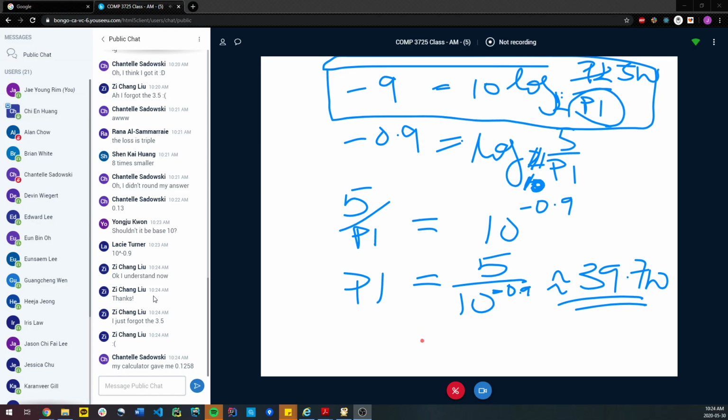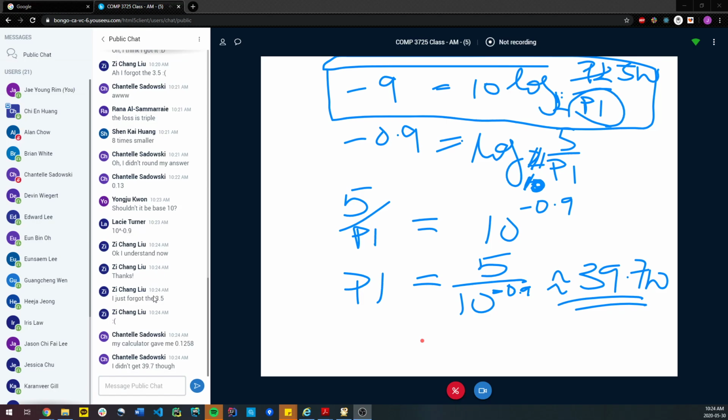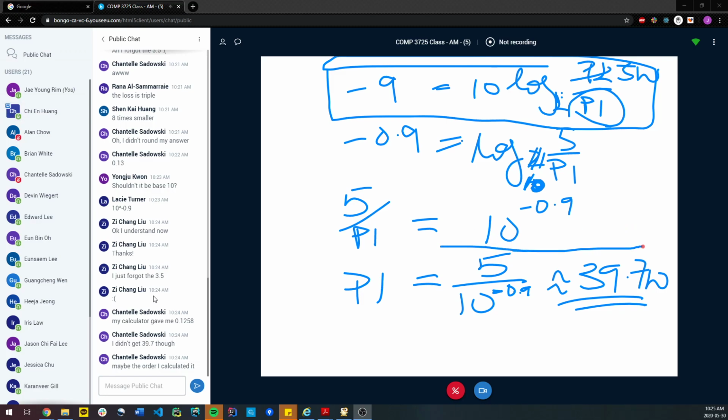Any questions? Oh, why? So if you take 5 divided by 0.125, you will get the answer. So you should be able to double check that.